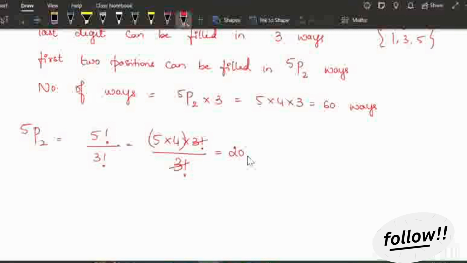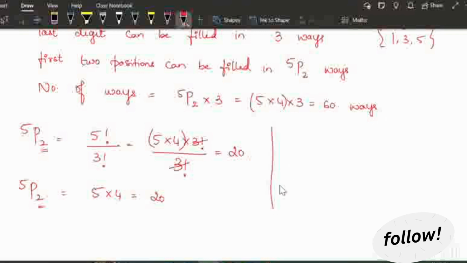So instead of this, what you can do is, whatever is r, write that many numbers from n in decreasing order. So if I have 5P2, I need to write two numbers from 5 in decreasing order, which is 5 into 4. This is not any trick, we're just skipping a few steps. So 5P2 is 5 into 4, which is 20, into 3 gives you 60.